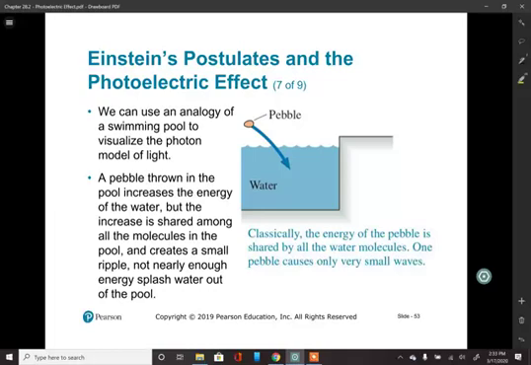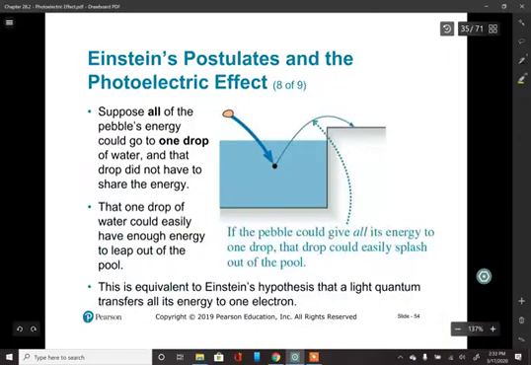In quantum mechanics, what would happen would be more like this. You throw the pebble into the pool and nothing happens at all except for a single drop of water goes rocketing out of the pool, flying across the room and hits you in the face. But the rest of the pool is completely unchanged and unaffected. That's really weird, but that has to be what happens to explain the photoelectric effect correctly.